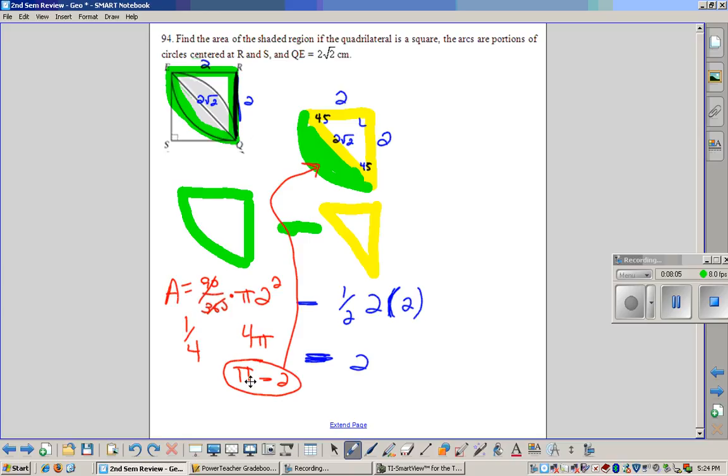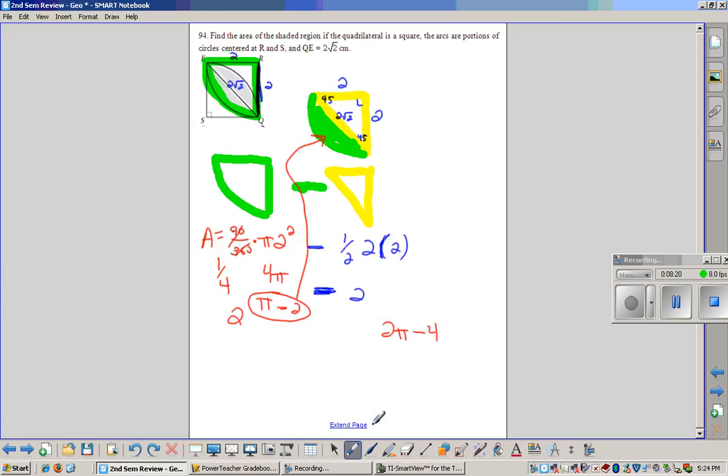And we have 2 of them, so we need to double it. So multiply by 2. We get 2 pi minus 4, which is an approximate answer of 2.28.